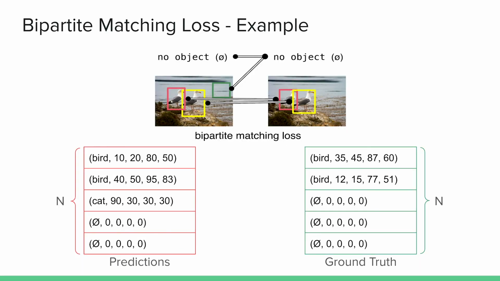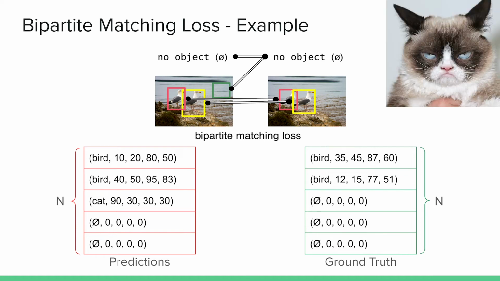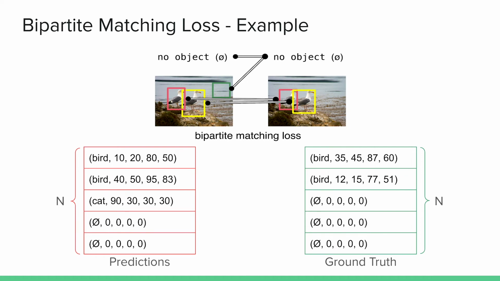So coming back to this bipartite matching loss example, given that image here, we have two birds, and our algorithm predicted a third object in the top right of that image. For example, it said, well, there is a cat over there, even though there is no cat.